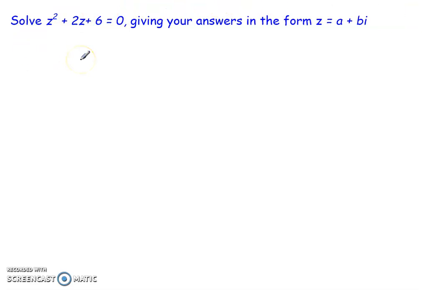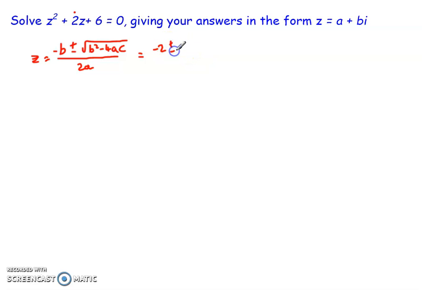The second question was solve this quadratic here, z squared plus 2z plus 6 equals 0, giving your answer in that format. Now remember, when we've got one like this, we use the quadratic formula. So I know that z is equal to negative b plus or minus the square root of b squared minus 4ac all over 2a. Formula that we know and we love. We then have to figure out the a, b and c and substitute them in. So I get negative 2, there's my b.